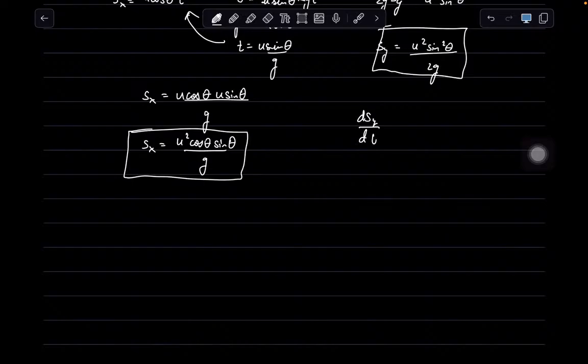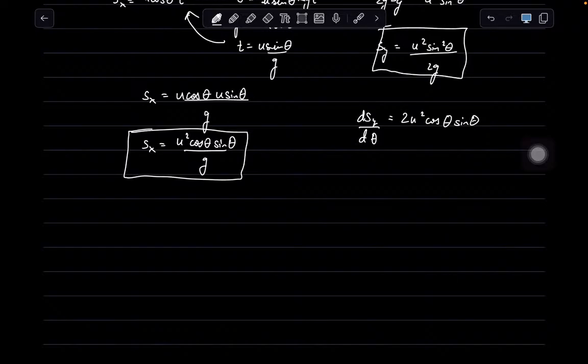So we want to find dSy by d theta. In this case, u square remains a constant, and the sine square becomes, so here you just apply the chain rule, so you get 2u square cos theta sine theta, I guess.